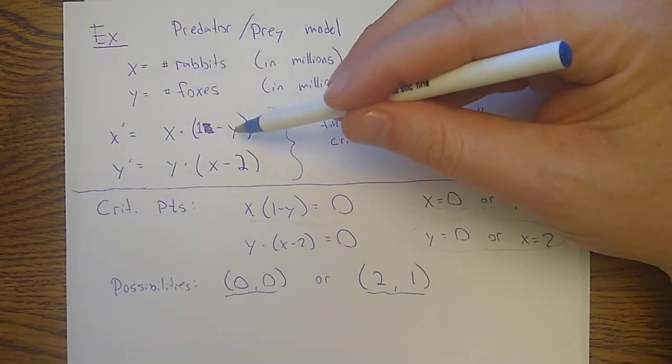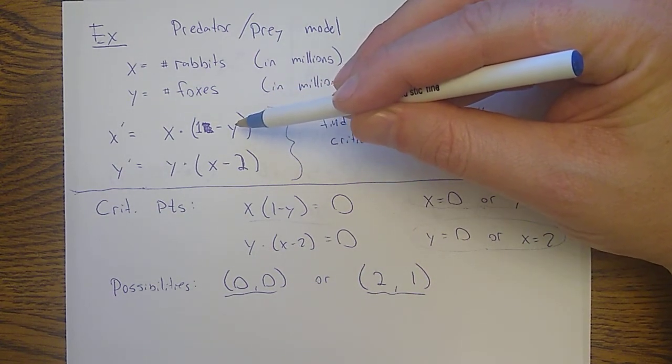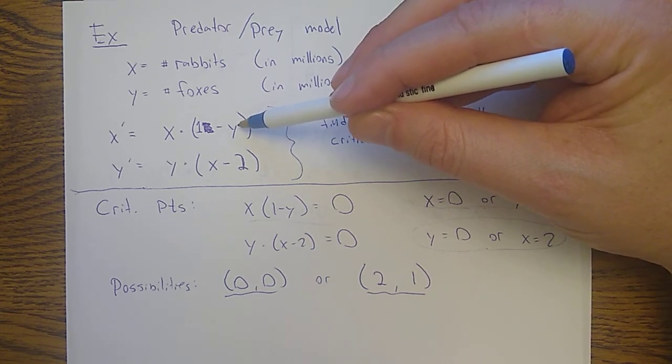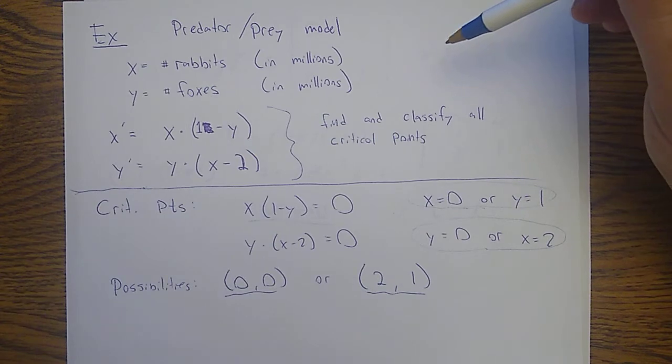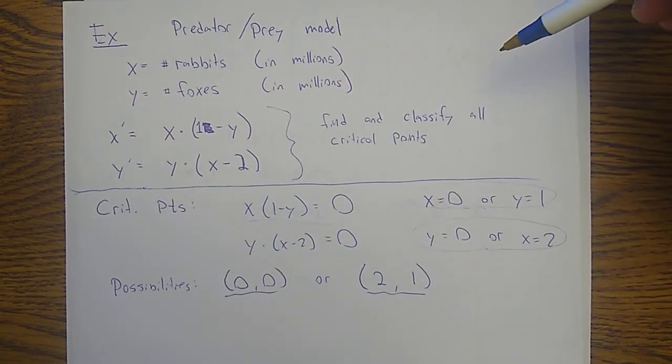And meanwhile, you have the perfect number of foxes that are eating the rabbits at the rate that keeps the rabbits where they are, and it's going to stay there forever. So the critical points that we got make perfect sense.